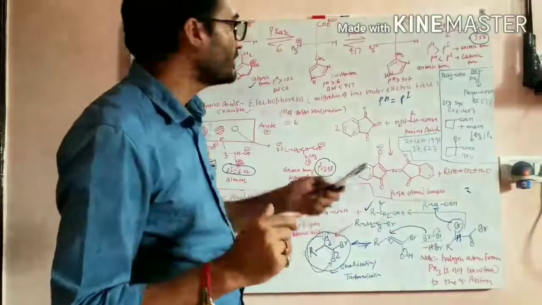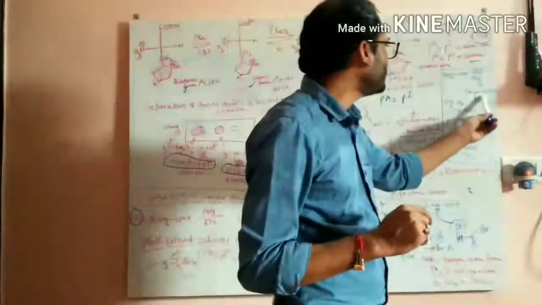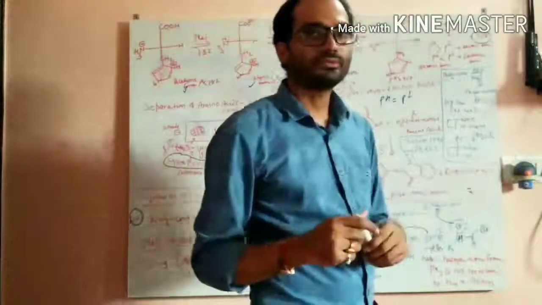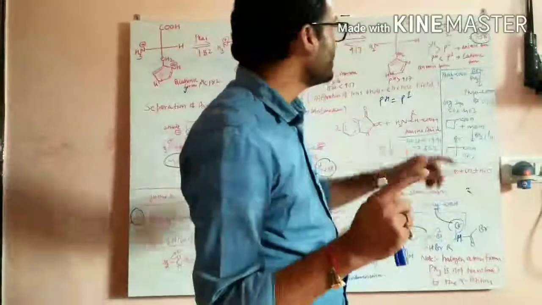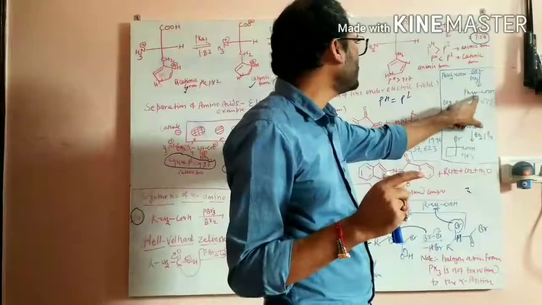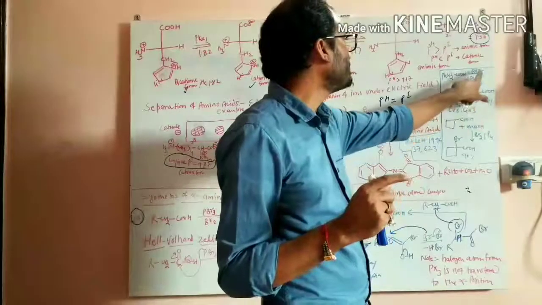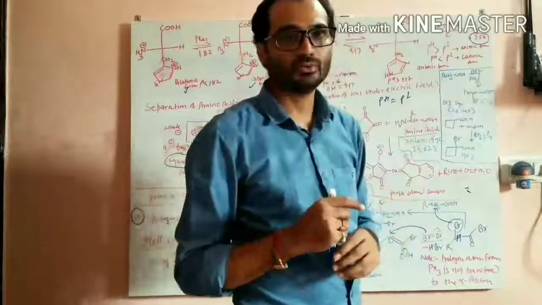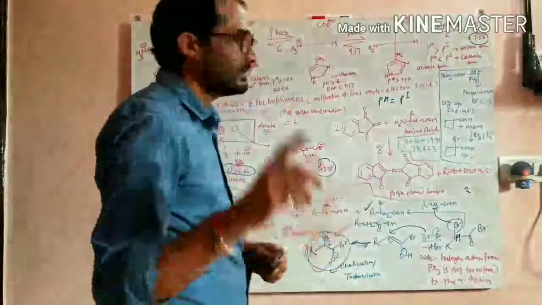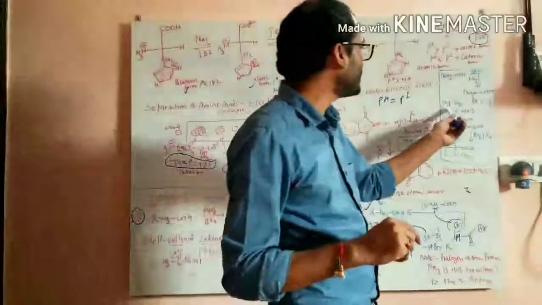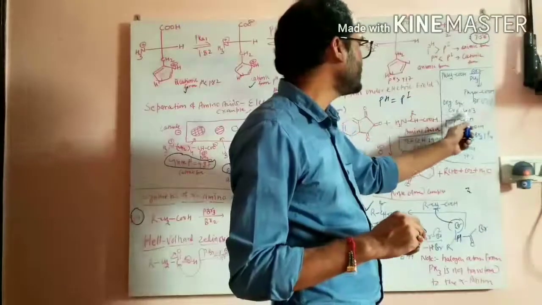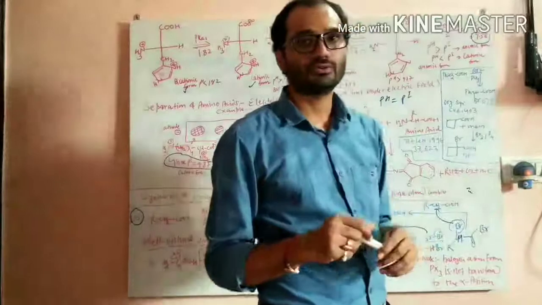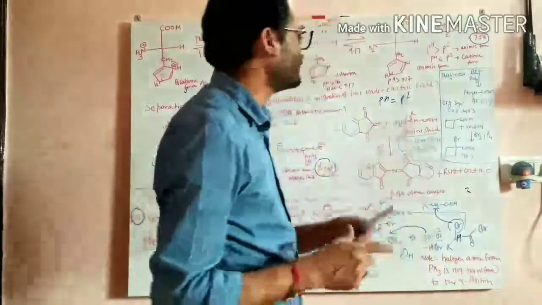Now here, in the alpha position we have bromine, not chlorine. It means that at the alpha position, the halogen is coming from Br2, not from PX3, or PBr3, or whatever the case. And this reaction is reported in Organic Syntheses, CV 6, 403. This reaction is cited from there.